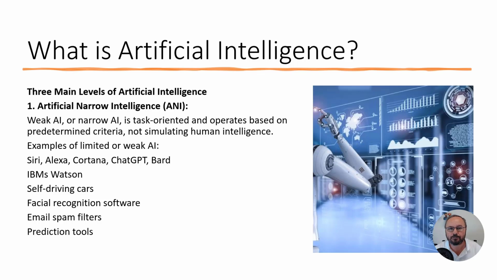So that is really what we want to think about with AI today. Now, examples of weak AI could be IBM Watson, self-driving cars, facial recognition, etc. ChatGPT, Siri, Alexa, right? These are all terms and companies and services that we all probably have heard of.